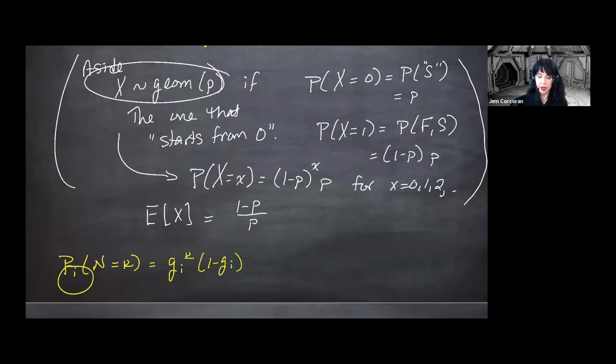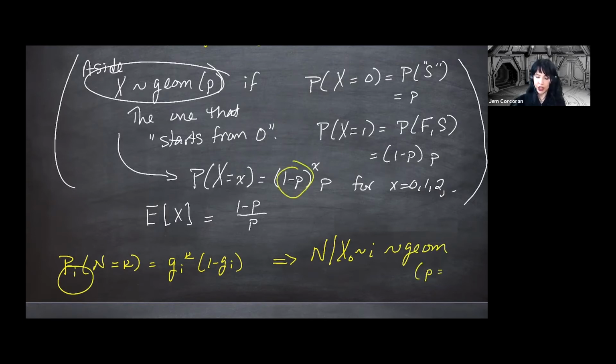This tells me that the distribution of n, given that I started at state i, is geometric, and p here is in the kind of opposite place. This is my gi, and this is my 1 minus gi. So the p is 1 minus gi, which is the probability of escape, never to return again.